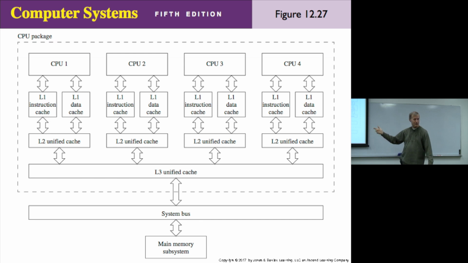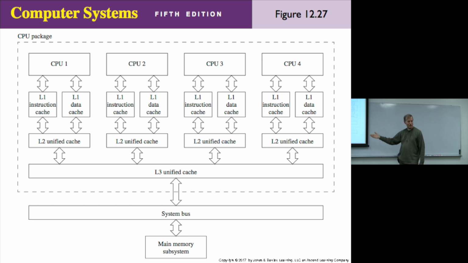Now unified means it stores both what and what? Yeah, both data and instructions. Are you with me? And typically each core has its own L2 unified cache, and then typically the chip itself has a big what?